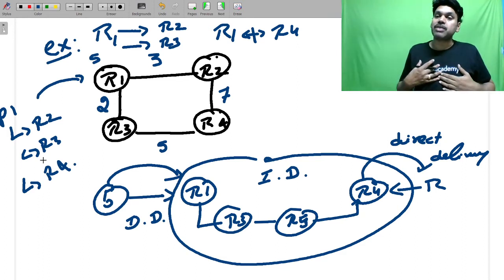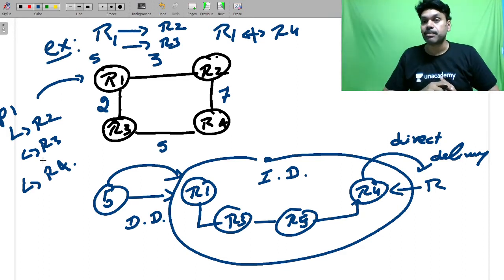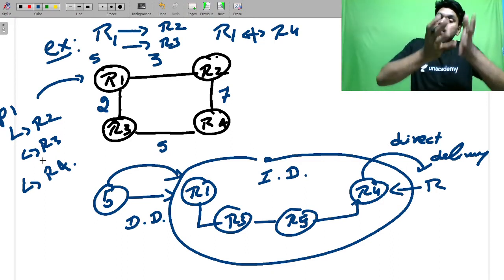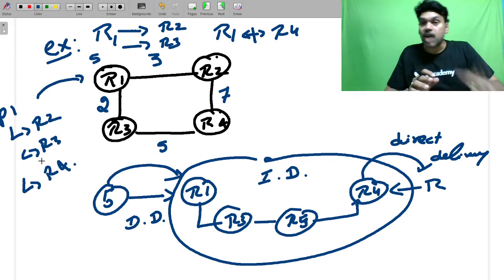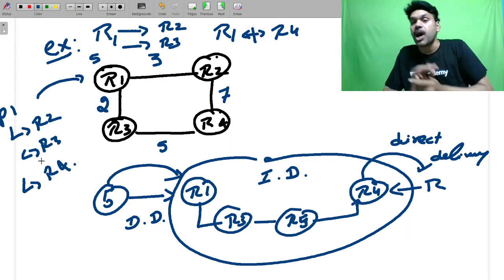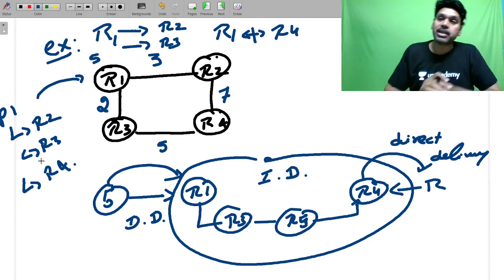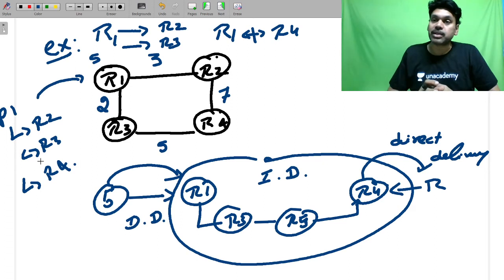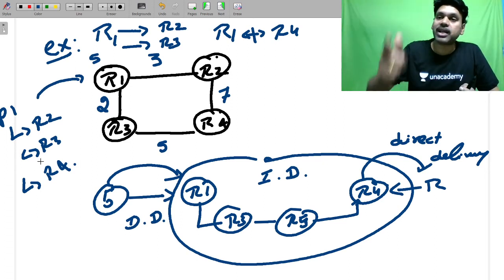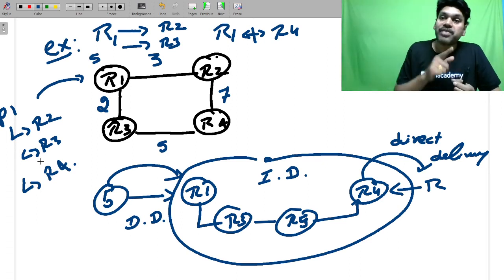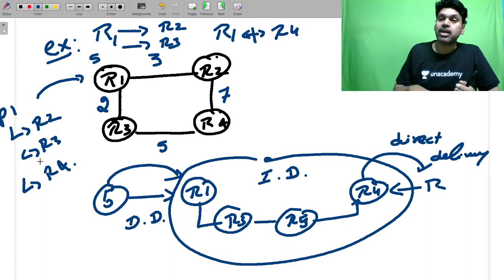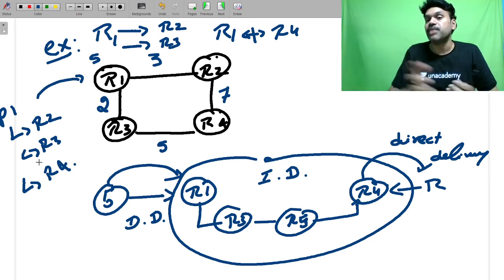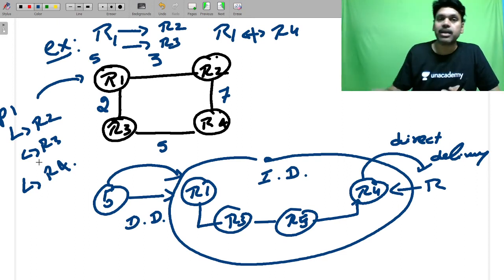What are my neighbors of R1? R2 and R3. So R2's table will be given to R1 and R3's table also will be given to R1. Then R1 finds the distance to R4 with the help of R2 and R3. That's why whenever a packet arrives at a router, if it is a vector, you directly transfer. If it is a non-vector, you ask your vectors to give you their routing tables so that the source will find a value to the non-vector. Right? That is the first step.